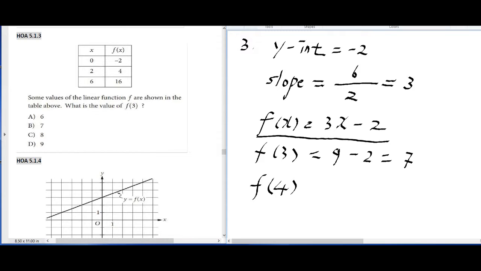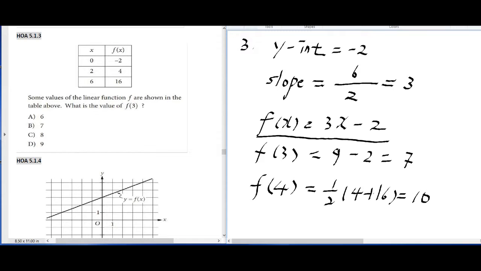This 4 is the midpoint of 2 and 6, so its function value is also the midpoint of 4 and 16. Average: half of 4 plus 16. So 10. Would you check it by plugging in 4? Yes, this is the idea.